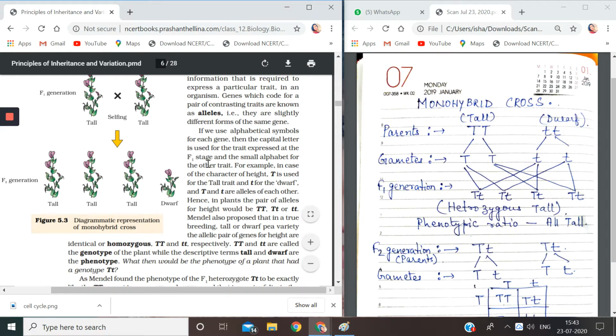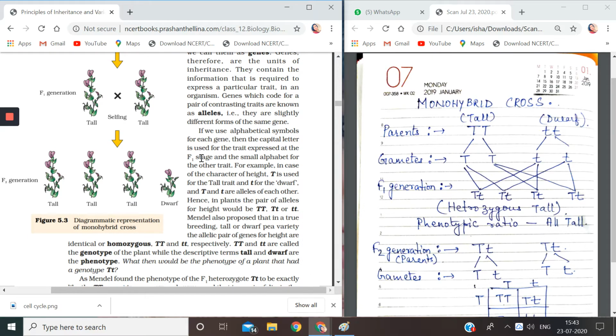Earlier also, when I spoke about the F1 generation, I told you that whatever trait is being expressed in the first generation, that is F1 generation, is considered to be a dominant trait. Dominant traits are expressed in capital letters, and small alphabets for the other trait, that is the recessive one.